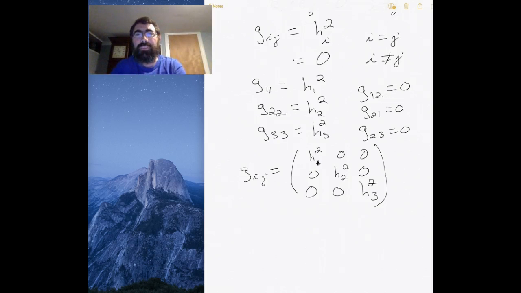If we wanted to find the contravariant form, then we would have to raise those i and j indices, and the effect would be that each of those diagonal elements would be 1 over the scale factor squared. And so that's where we get this statement that if you want to make a covariant component of a vector into a physical component of the vector, you'd have to multiply by these scale factors.